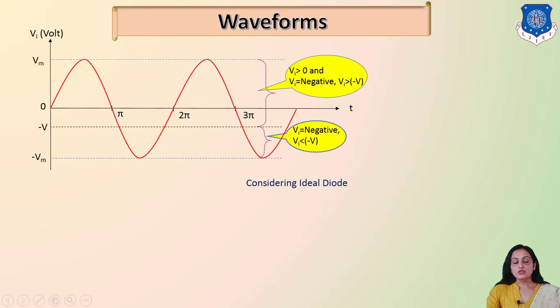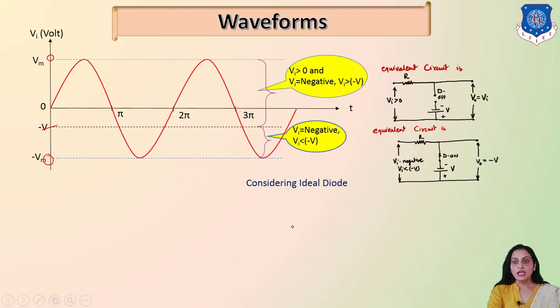The input sinusoidal signal is being applied, and we have shown the reference voltage as minus V. The input peak voltage is Vm and the negative peak is minus Vm. We are considering the ideal diode, and the equivalent circuit is being shown.